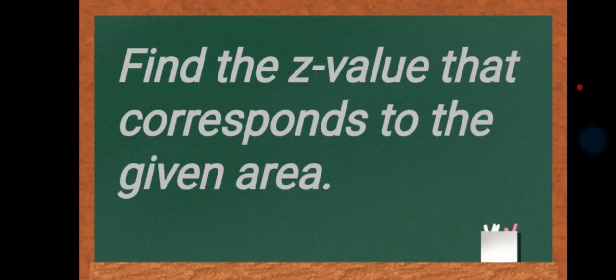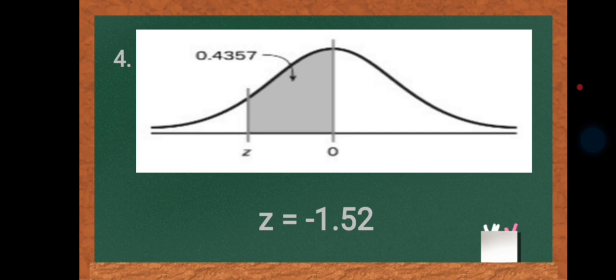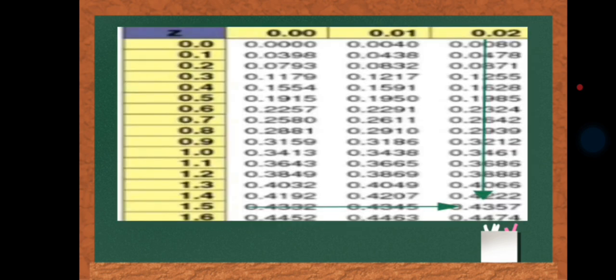Now, the fourth and last sample for normal distribution is finding the z-value that corresponds to the given area. Using the z-table, we look for the area value 0.4357 within the body of the table, and then identify the corresponding z-score from the row and column headers.